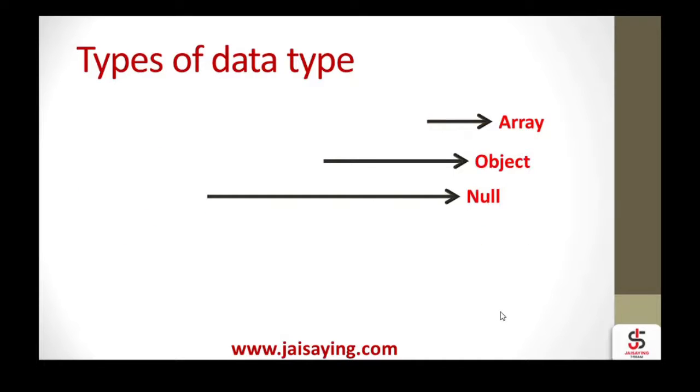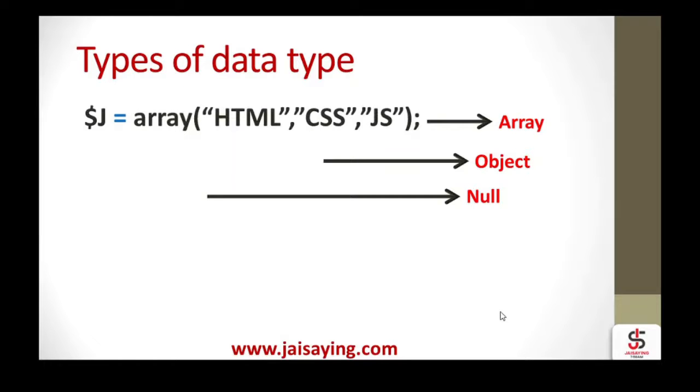Now other data types are also available, like array data type, object data type, and null data type. So when will we use the array data type, now I am going to tell you. Array data type, whenever we want to store multiple values in a variable, then we go for the array data type.